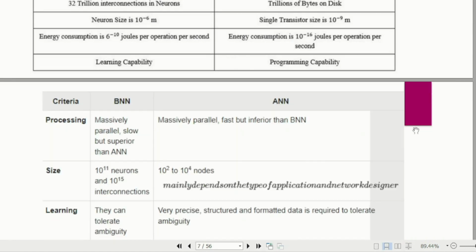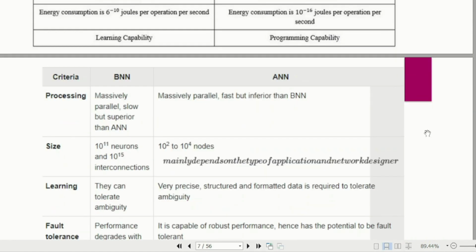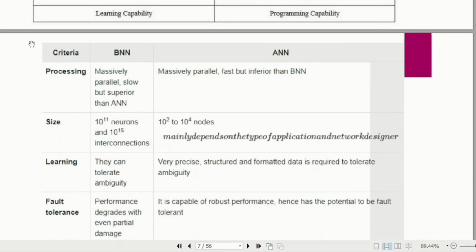So you can see the difference by this table about the artificial neural network and the biological neural network. Moving forward, more detail about their differences with respect to some parameters. Some criteria are over here. According to the processing, the BNN is massively parallel, slow but superior to ANN. So in biological, it is very much slow, and we can say in artificial it is much faster as compared to BNN.